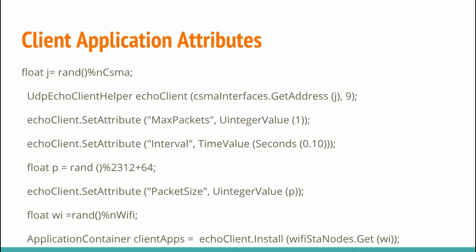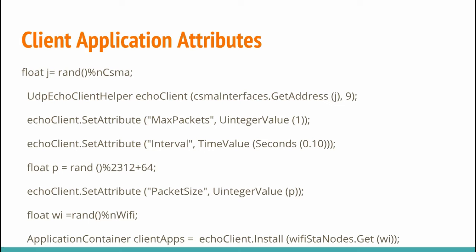Similar to the server application, we create a client application as well. The client application taken in this project is the Echo Client application, and that application can be taken using a class called UdpEchoClientHelper.